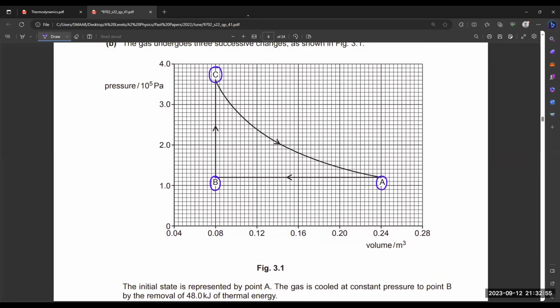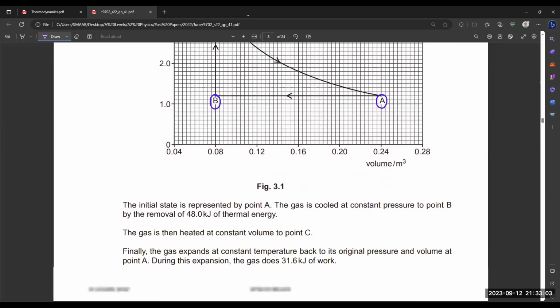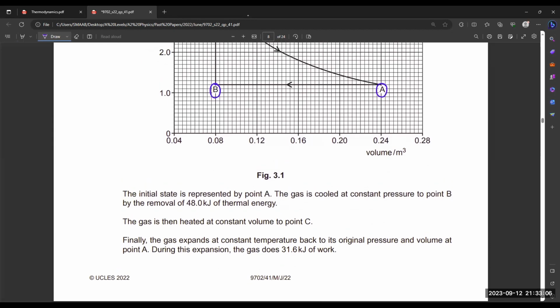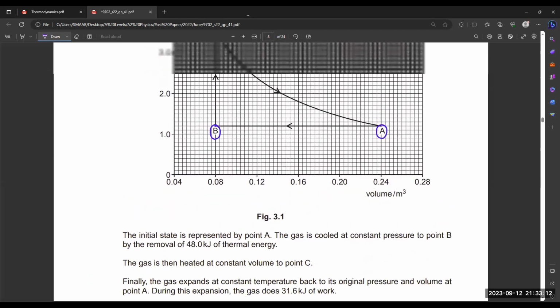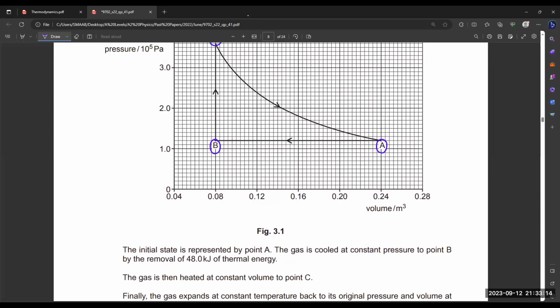And if you remember, yesterday we discussed the concept of PV diagram, pressure volume diagram. So in this question, we have used that PV concept. Let's see what they are asking. The initial state is represented by point A. The gas is cooled at constant pressure to point B. You can see that from A to B, we are having constant pressure, right?